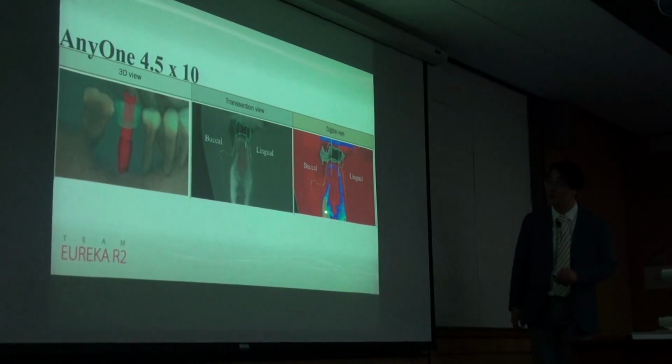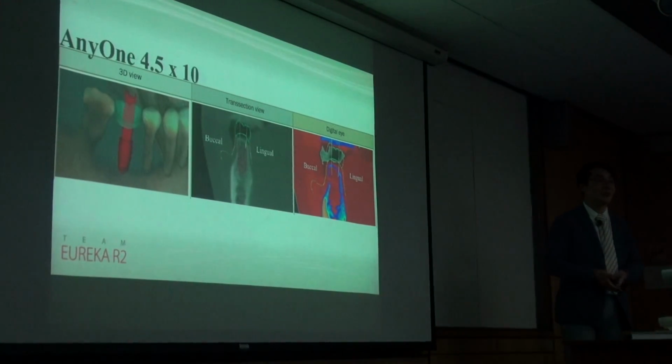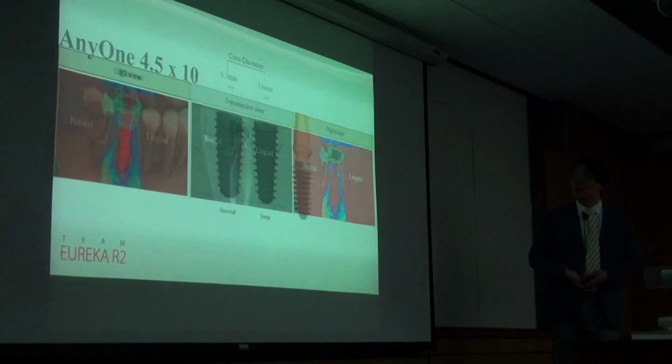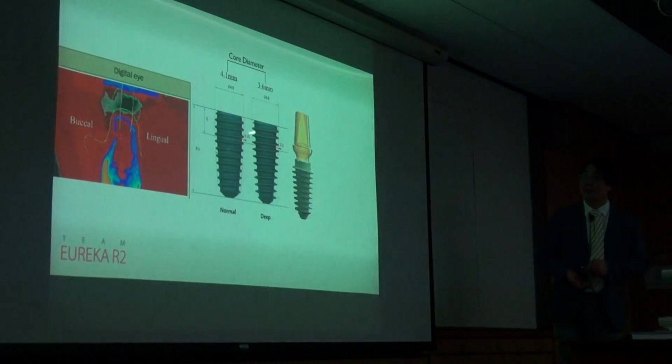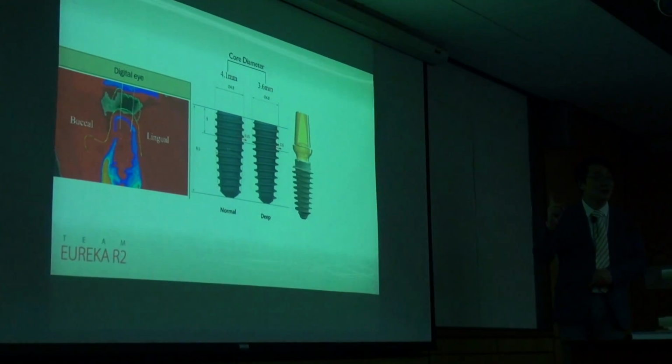So using virtual programs, we can find the optimum size or length of the implant. In this loose bone case, the deep thread is more effective. So nowadays, Manhattan company made the Any1 deep thread. It's almost the same as the Any-Reach deep thread. The differentiation is two things.